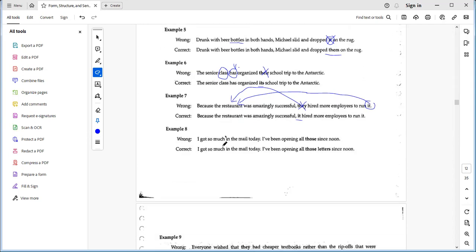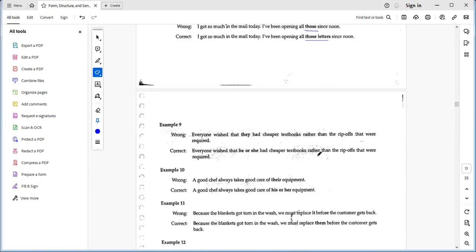I got so much in the mail today. I've been opening all those since noon. Again, "those" doesn't indicate which ones. So it must be clear: we change the demonstrative pronoun to a demonstrative adjective, those letters. Another example, "everyone," an indefinite pronoun that is singular.